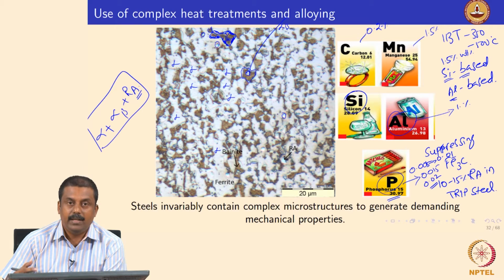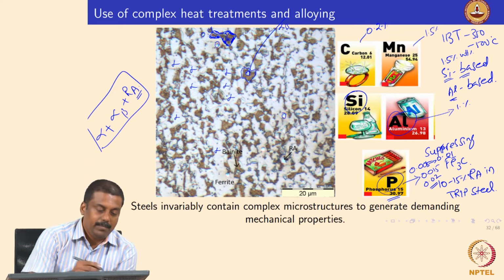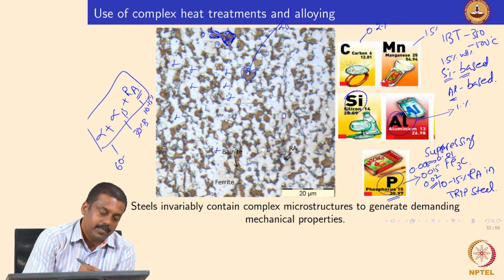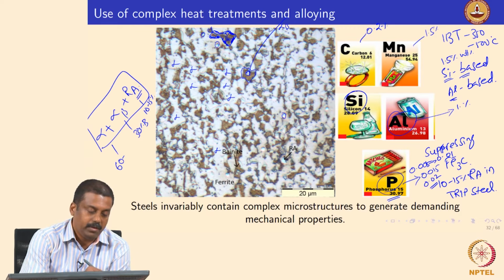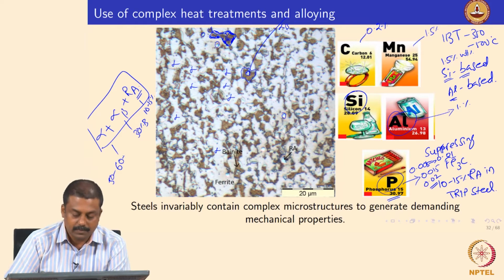Whatever austenite is untransformed during the isothermal holding is stabilized into retained austenite. A typical mixture is 10 to 15% retained austenite, about 30% bainite, and the remaining 50 to 60% ferrite in the microstructure.